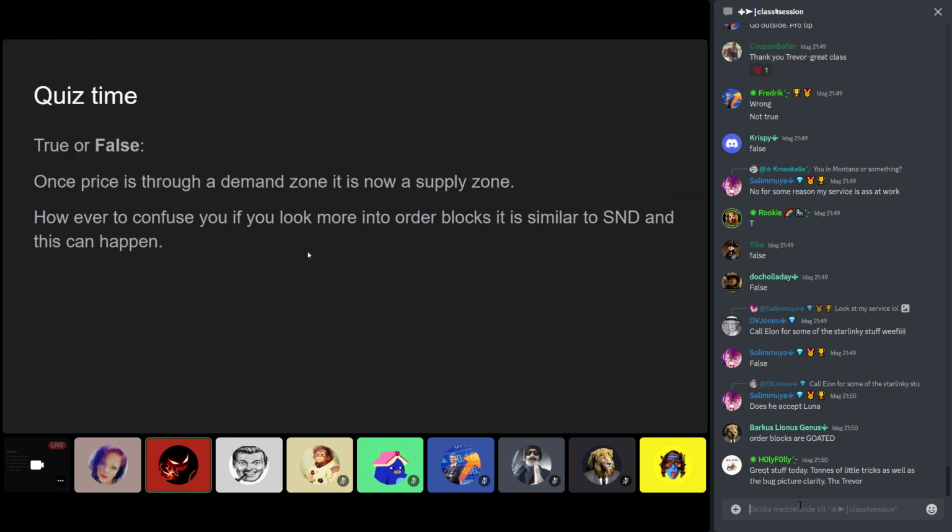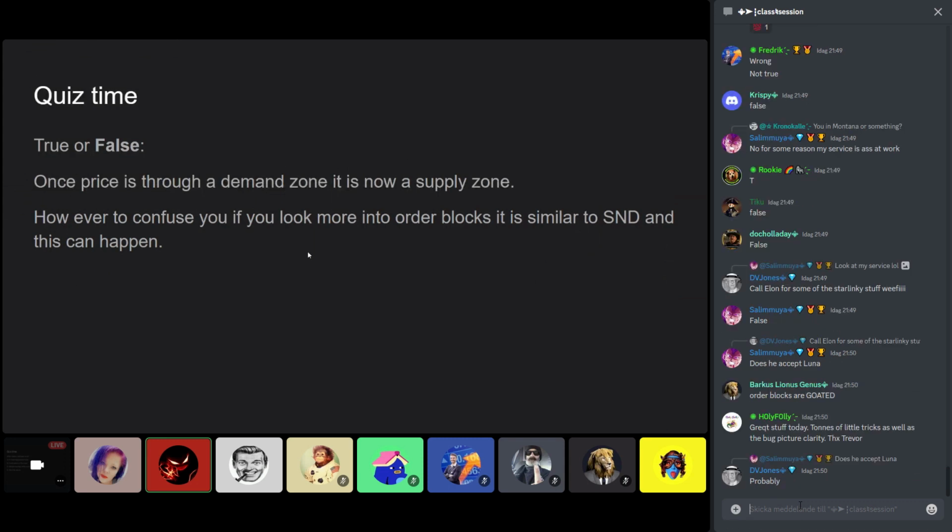But if you are new to supply and demand, don't look at order blocks yet. I would say supply and demand first, then order blocks if you choose to go that route, but you can stay with supply and demand. It's not the higher level version. At the end of the day, both work.